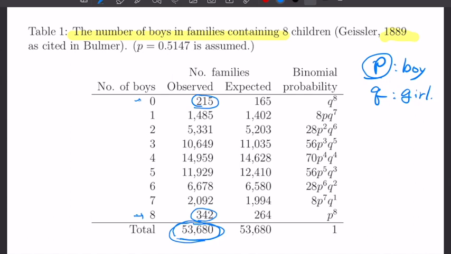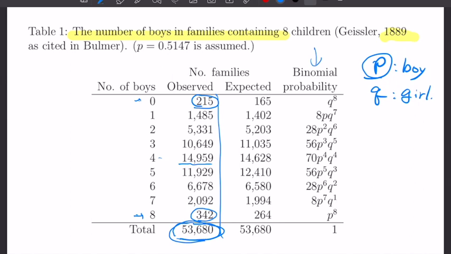Okay, and 14,959 families had 4 boys, and so on. Okay, if we choose the right value for P, we can approximate this distribution theoretically based on the binomial distribution.